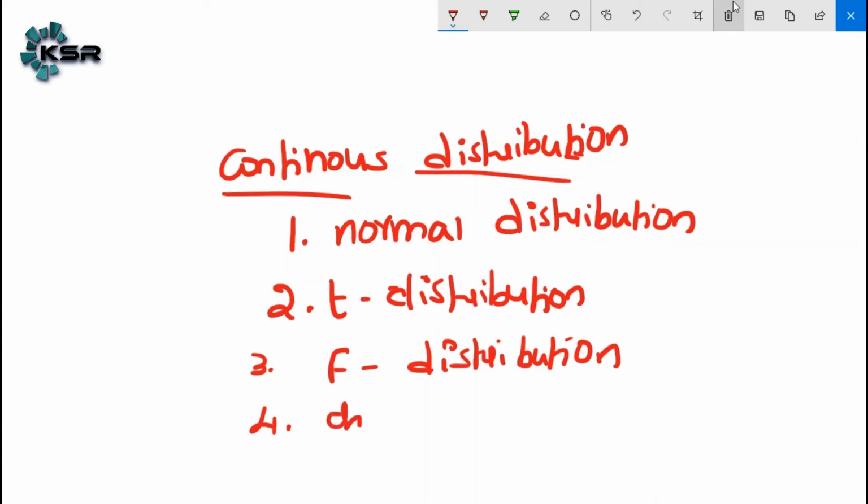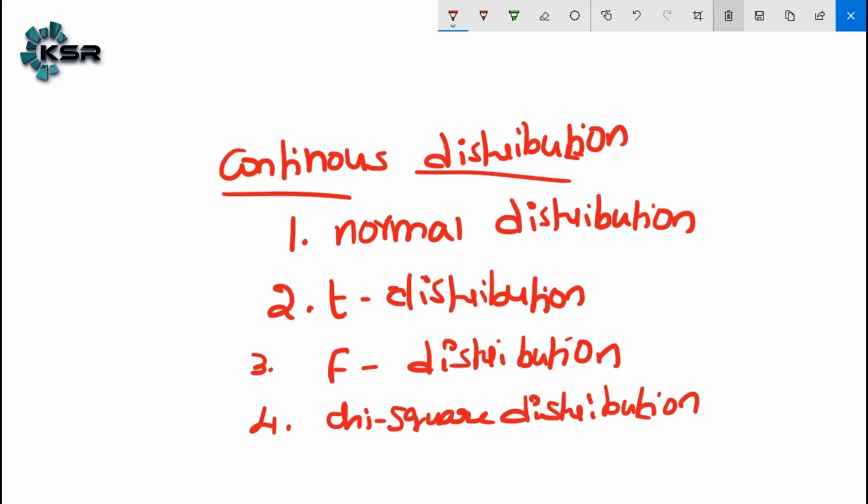Fourth one will be chi-square distribution.